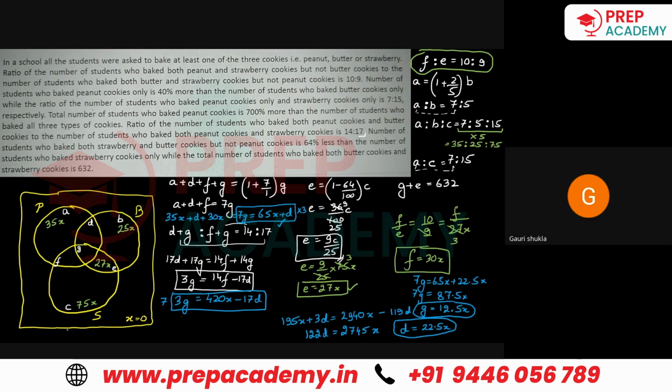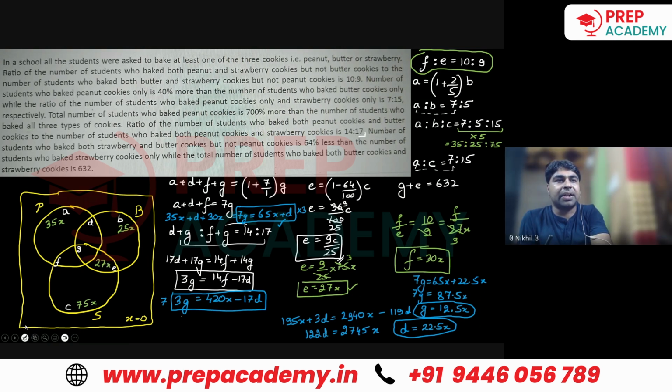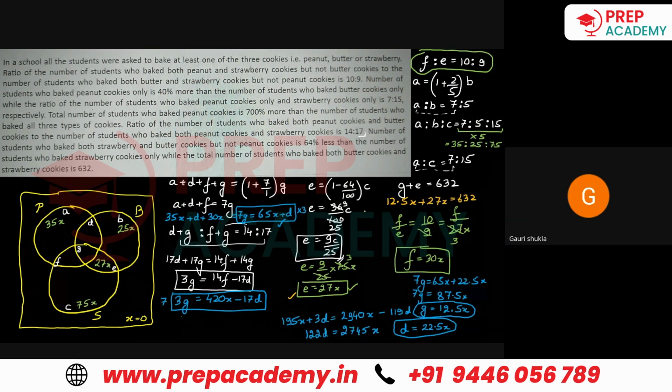Okay, we substituted in the other. And then comes the last thing. G is 12.5x. E is 27x. The summation is supposed to be equal to 632. So that would be how much? 39.5x.